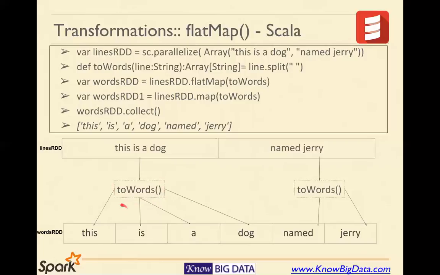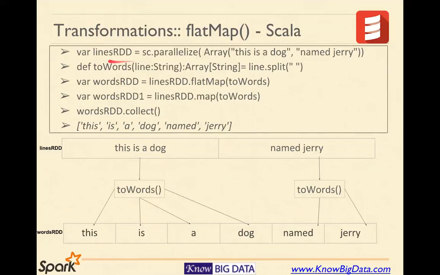Therefore, each line gives us an array, and then flat map joins that into an RDD where each record is a value returned by the flat map method. Okay, do I make sense?